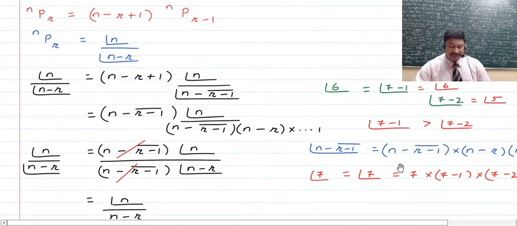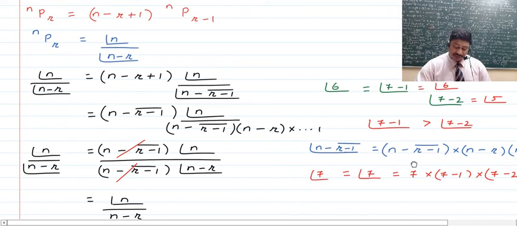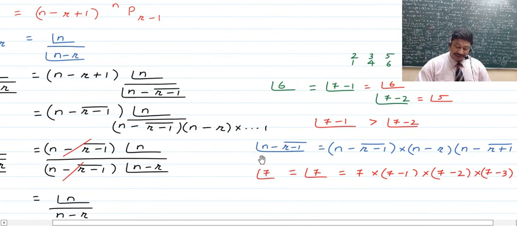Now next, children, if we talk about this with respect to variables like a, b, c, d, or n, r as in the question, we'll be able to understand this perspective also. Now if we talk about factorial of n minus r minus 1, we can write n minus r minus 1 as the largest number.